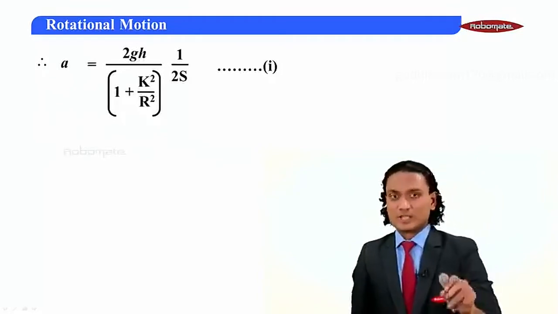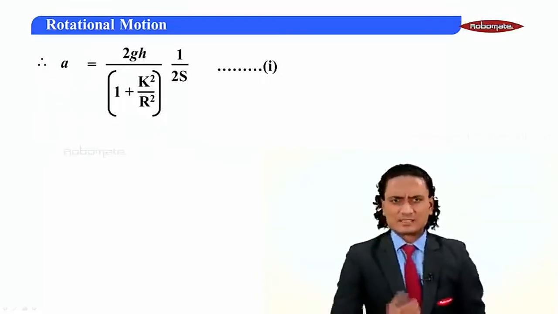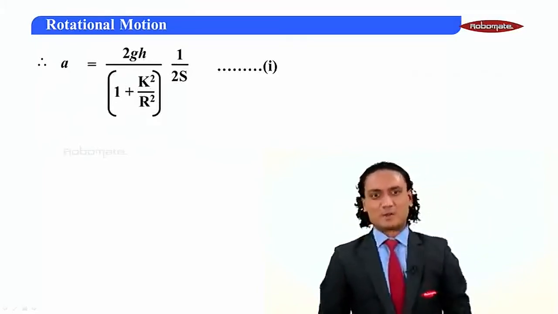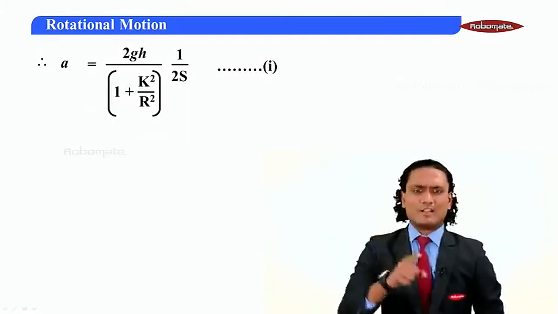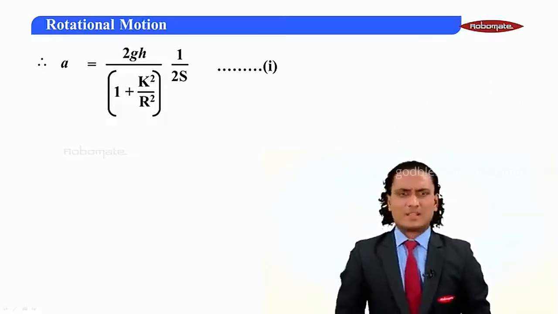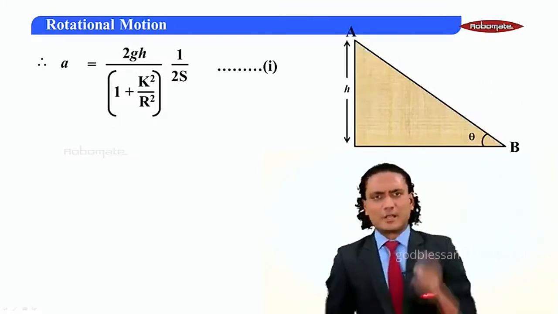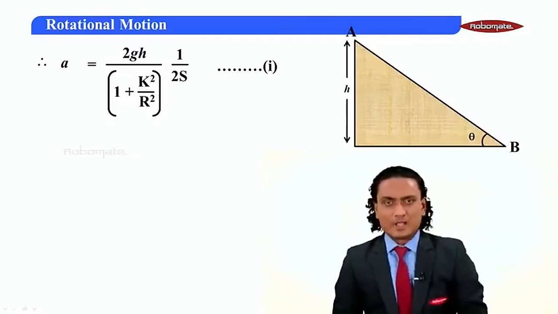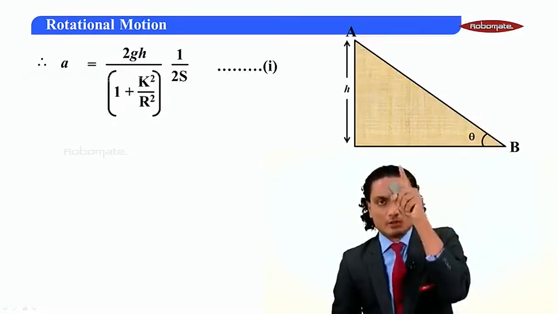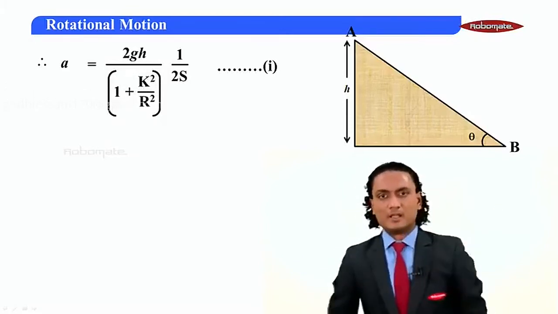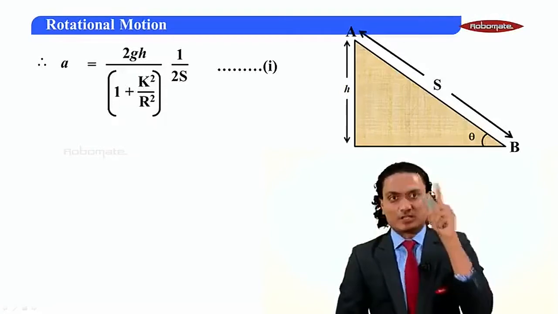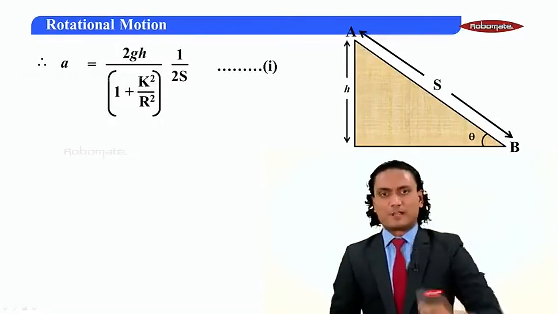Now students, what is S? S is linear displacement. What is the linear displacement of the sphere? Let me bring back the inclined plane. The sphere was initially at point A, and after I released it, it rolled down to point B. So this distance from A to B is the linear displacement of the solid sphere.